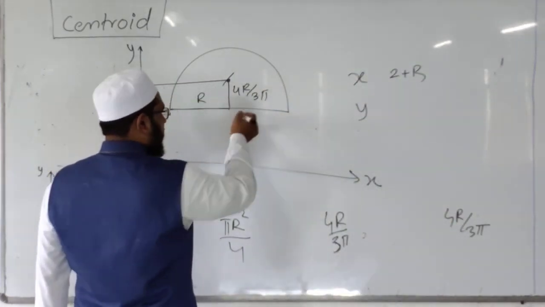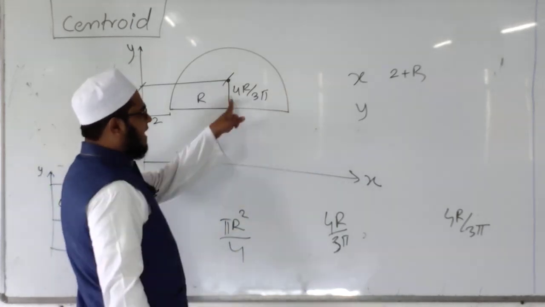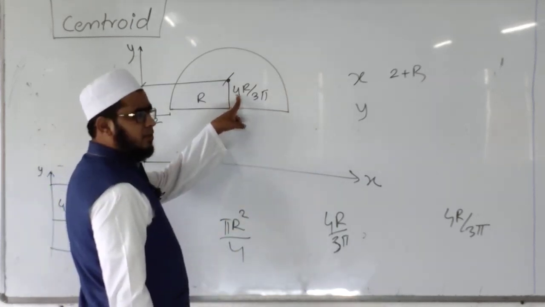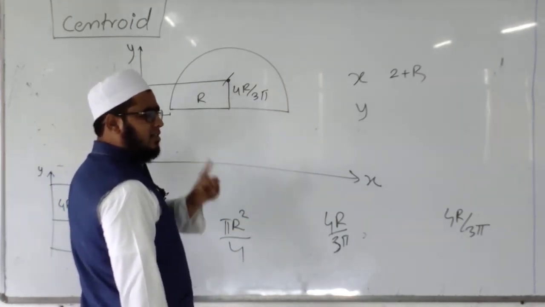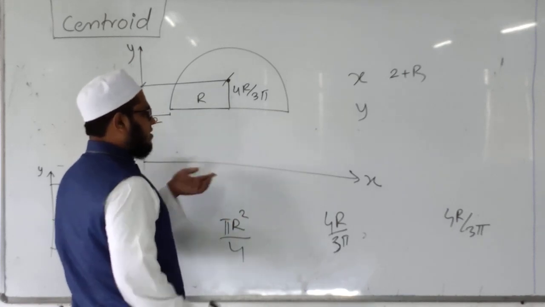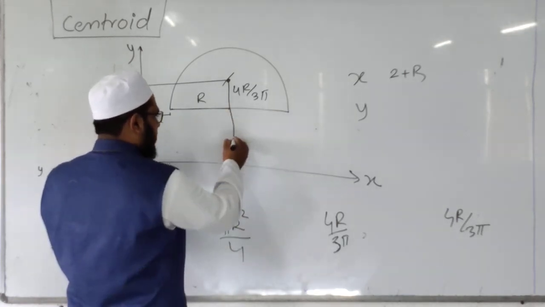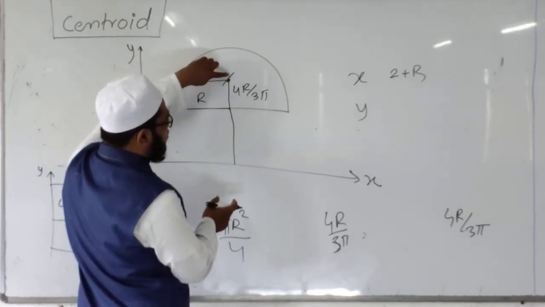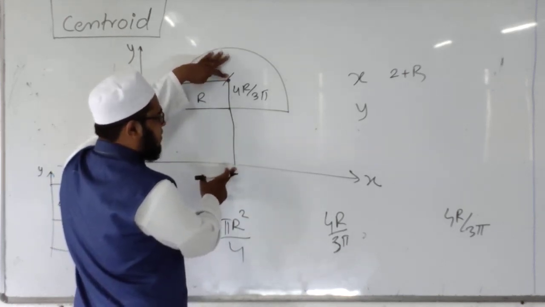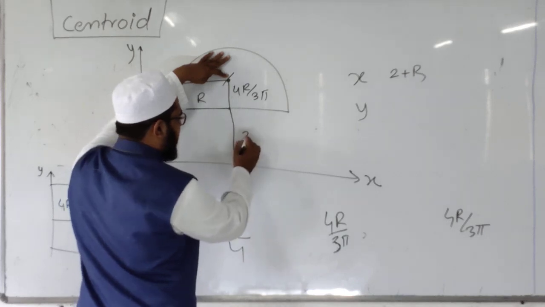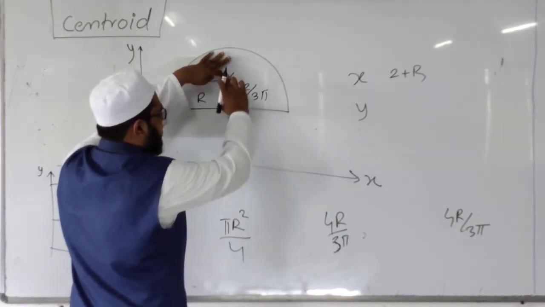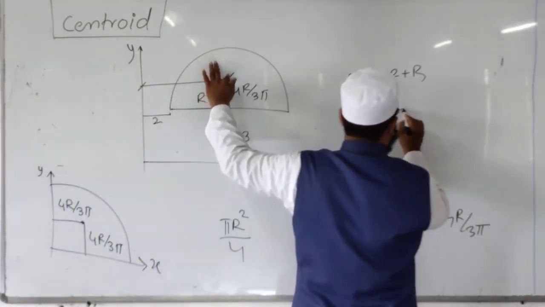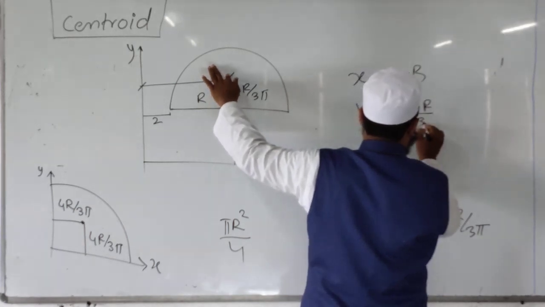And similarly, for y coordinate we will not directly write 4r by 3 pi. What is y? Y is the distance measured from x axis, so we have to consider this distance also, because the distance of this point from x axis we have to measure. If it is 3, then 3 plus this distance, 3 plus 4r by 3 pi.